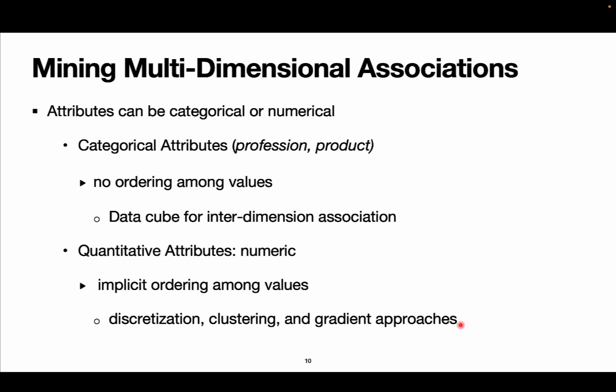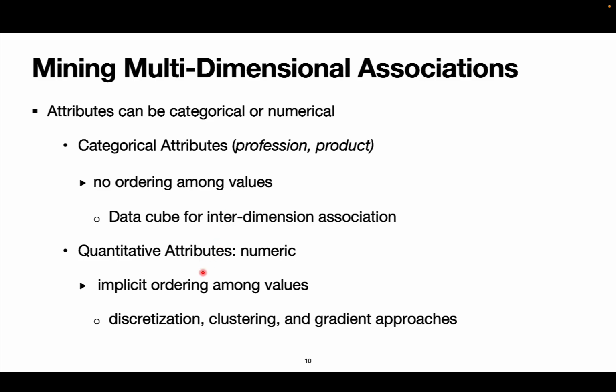More on attributes. Attributes can be either categorical attributes or quantitative attributes. For categorical attributes like a profession or product, there is no natural ordering among these values. For interdimension rules, we often use a data cube to explore across categories.